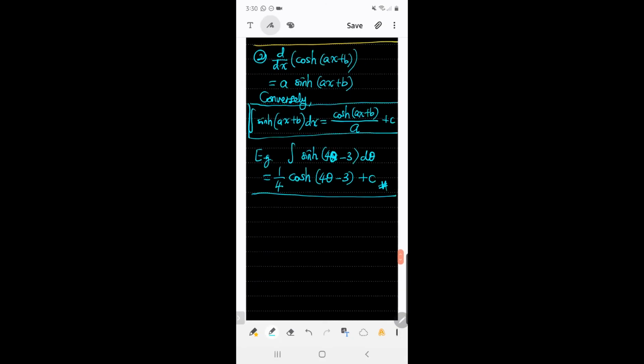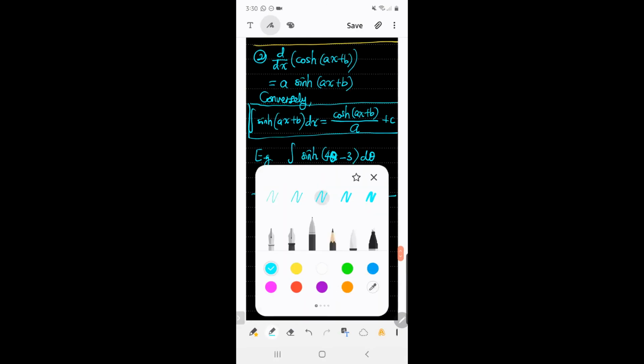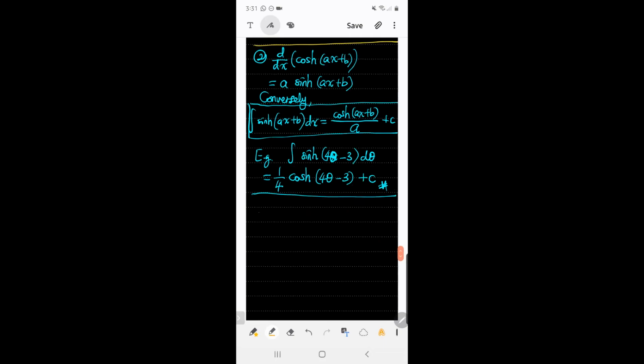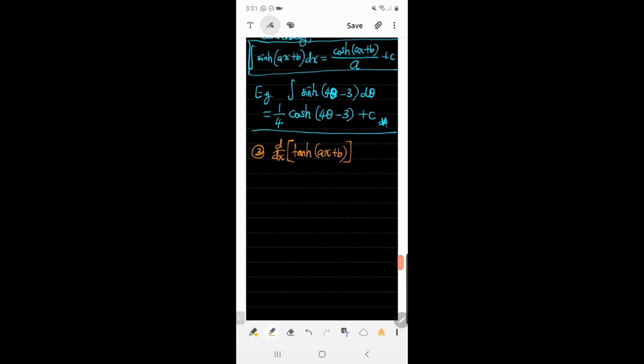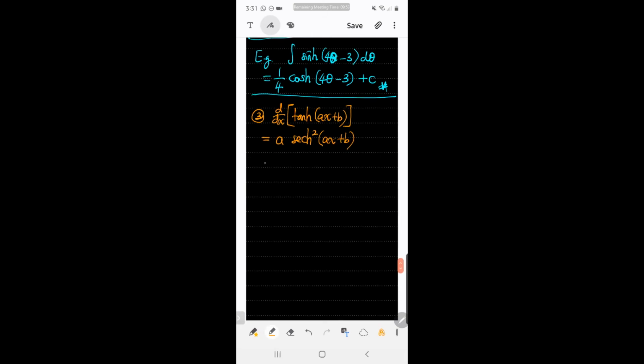Now, the last one, number 3. So formula number 3, if I ask you to differentiate tanh(ax + b), you know that you are going to get a sech squared(ax + b).